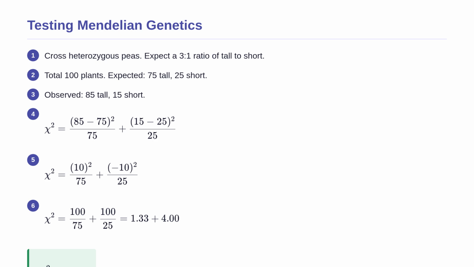We plug these numbers into our formula. For tall plants, 85 minus 75 gives a difference of positive 10. For short plants, 15 minus 25 gives negative 10. Notice how squaring these differences turns both into positive 100, preventing them from canceling each other out. Dividing by the expected values and adding them up gives us a final chi-square value of 5.33.